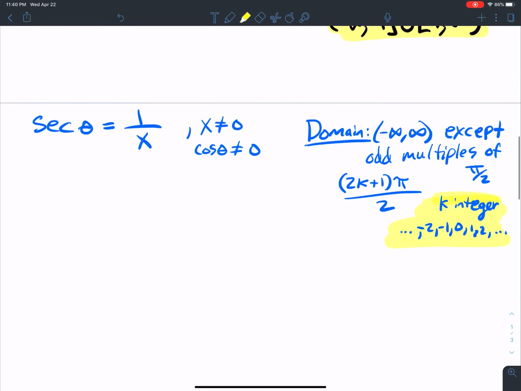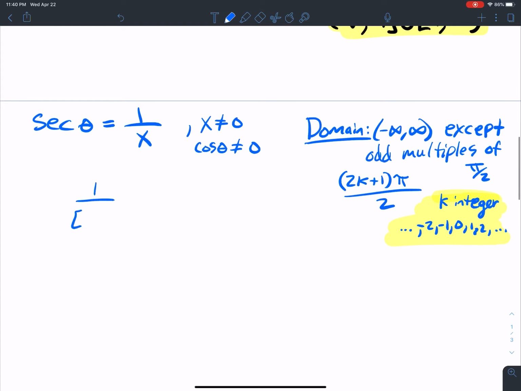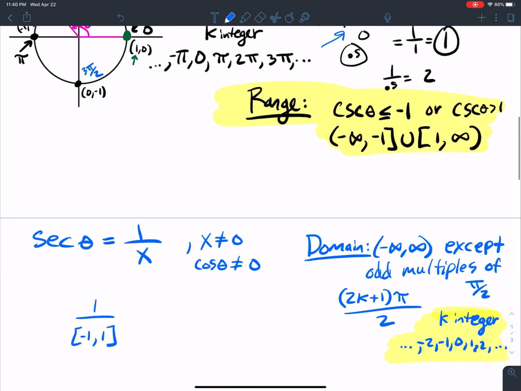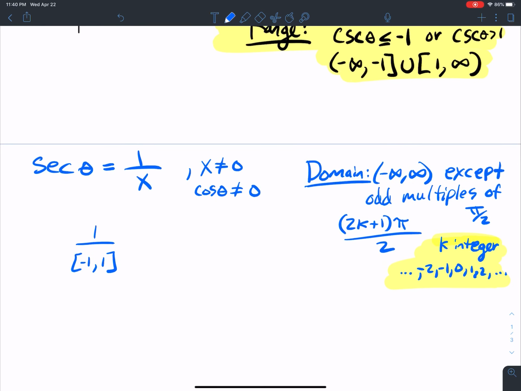All right. Now, if that's the case, and I know that cosine is stuck between -1 and 1, the same logic applies that we used up here to figure out the range. Okay, the smallest positive number you could have, okay, would be if I plugged in a 1, and that would give me 1 over 1, which is 1.